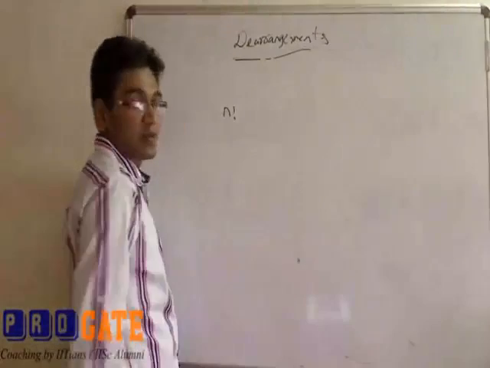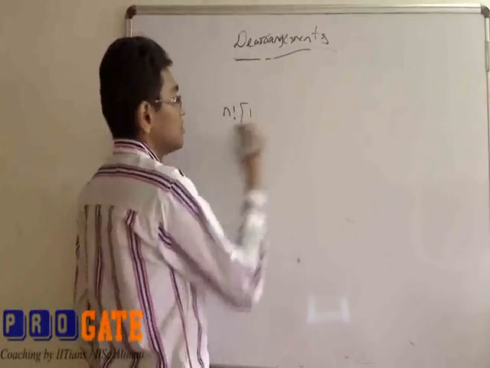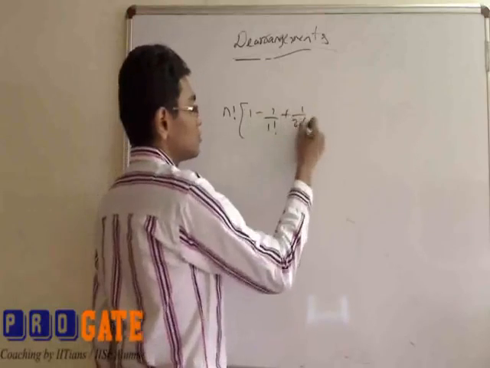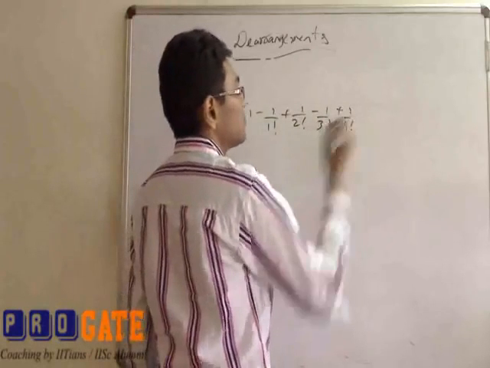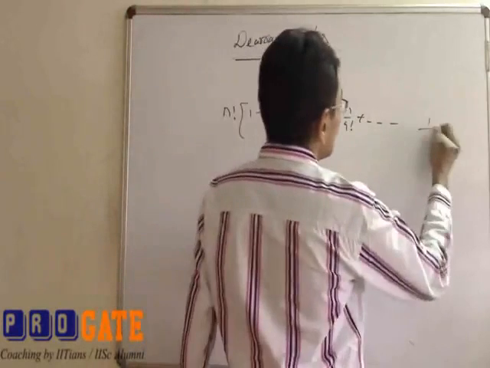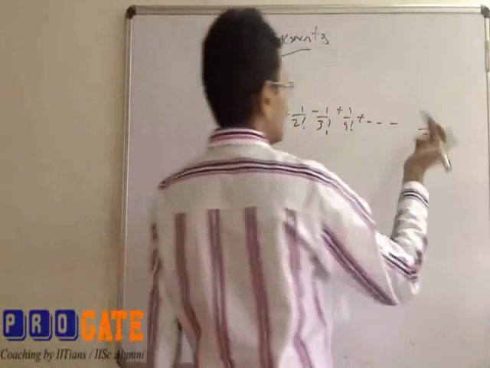The number of derangements in case of n objects is n factorial multiplied by 1 minus 1 upon 1 factorial plus 1 upon 2 factorial minus 1 upon 3 factorial plus 1 upon 4 factorial and so forth up till 1 upon n factorial, with whatever sign follows. So what sign will it be?